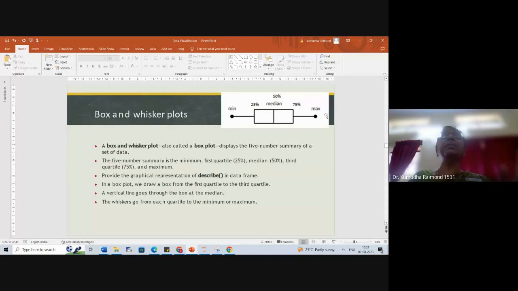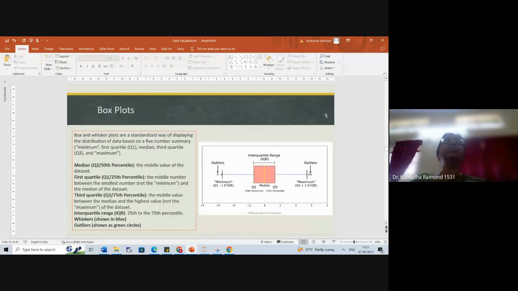That is the minimum and maximum of the data points. You can see here the same information has been given over here. And I'll show you, see here, these are the outliers. Okay. So what is an interquartile range? It is Q3 minus Q1, that is the 25 and 75 percentile. That is your box plot.